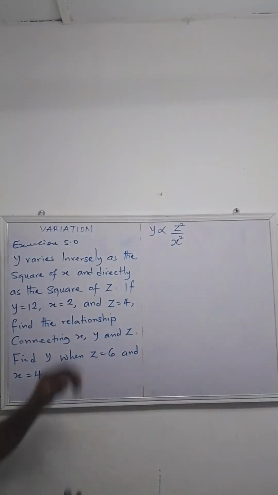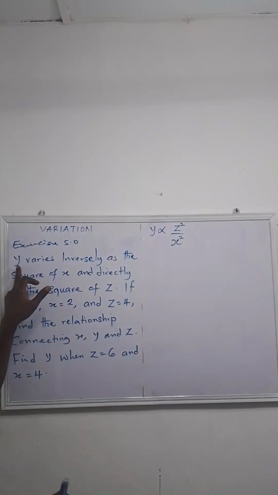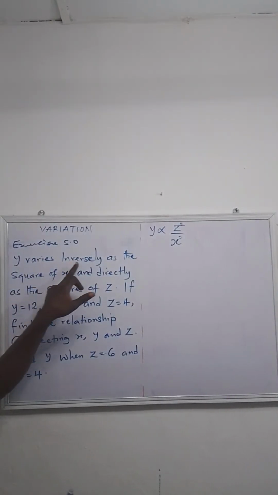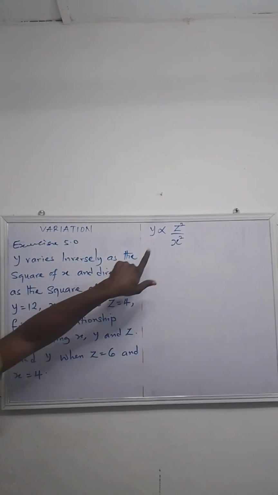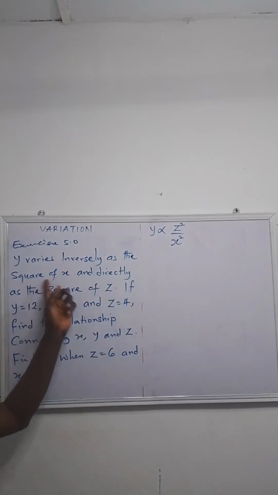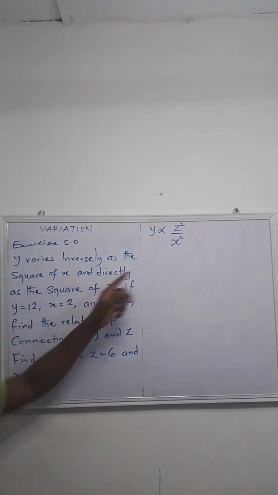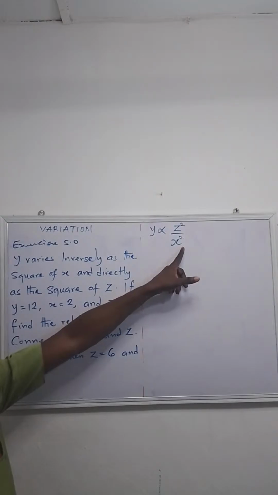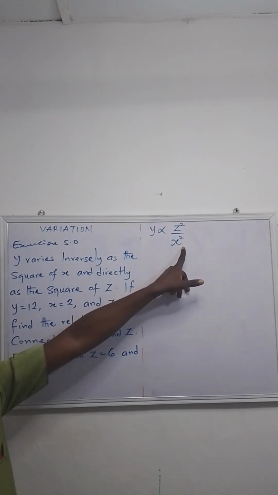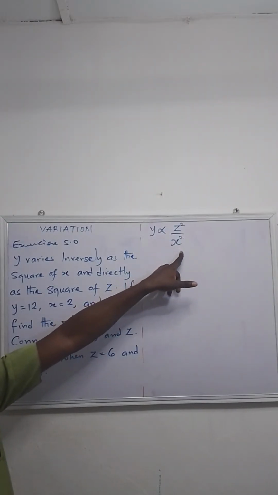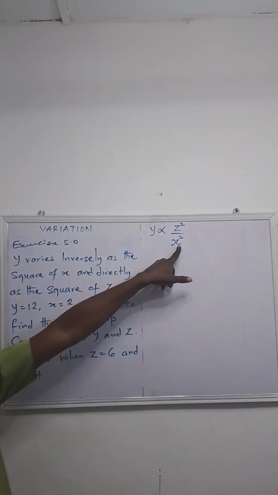Hope you understand that. Now let's look at it again. y varies inversely, that means we are talking about the reciprocal of the square of x. So we have 1 over x squared. So that means x squared comes down, that's why we have it at the denominator.